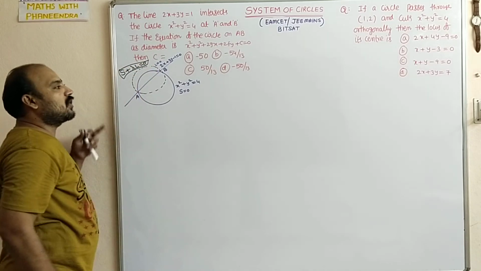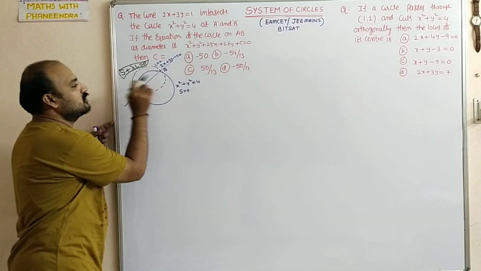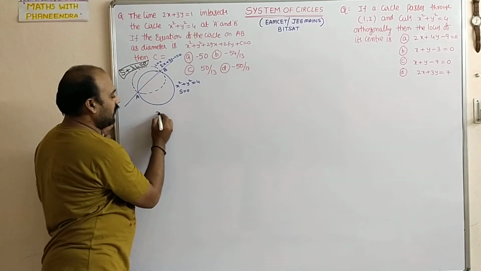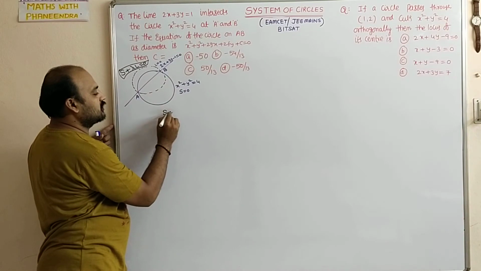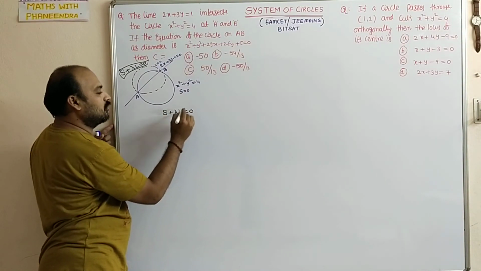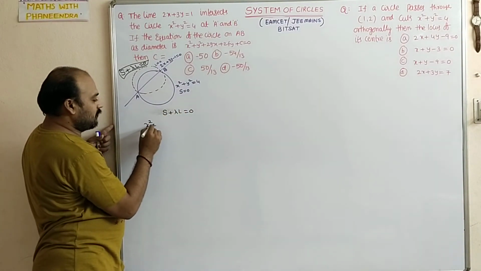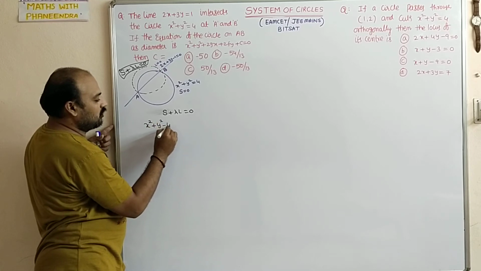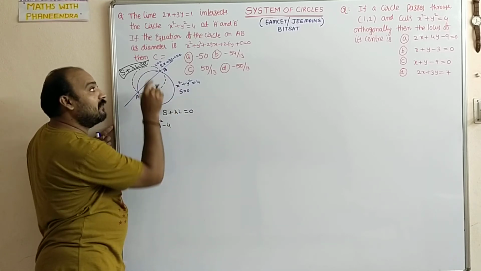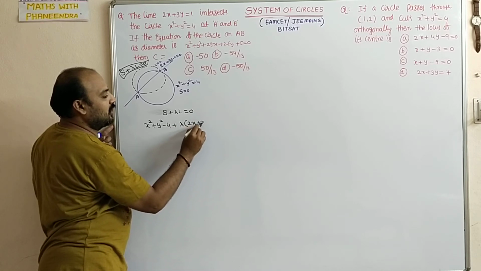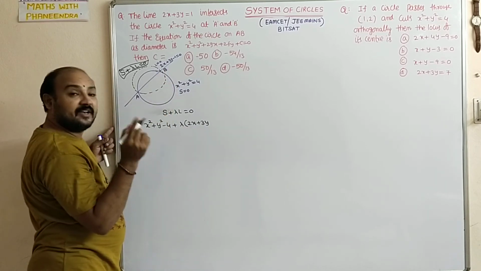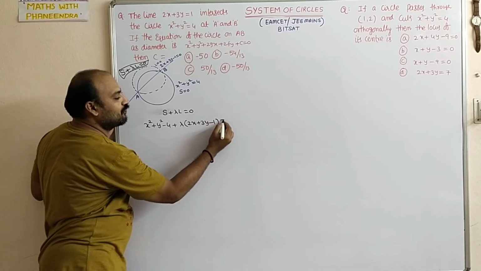By using this formula we are going to solve it. S is x² + y² - 4 and L is 2x + 3y - 1. So S + λL = 0 gives x² + y² - 4 + λ(2x + 3y - 1) = 0.